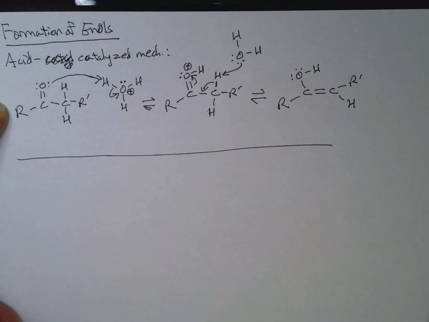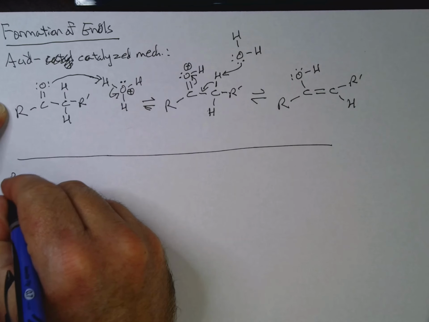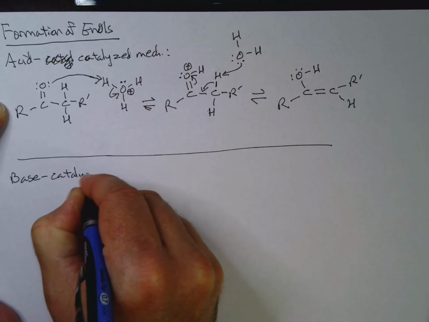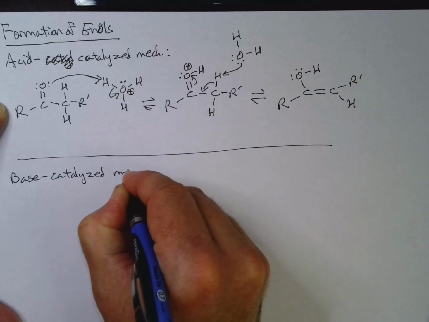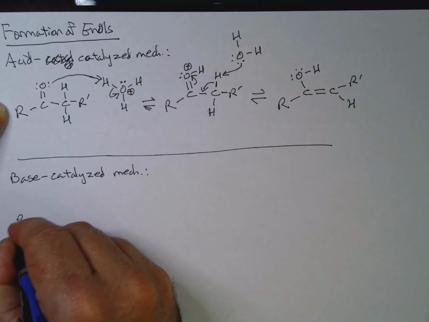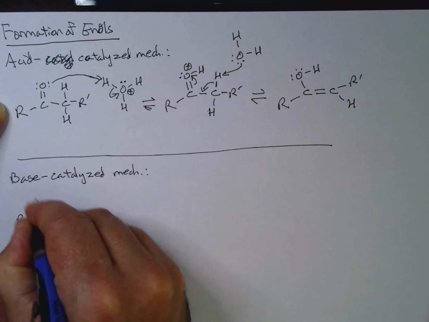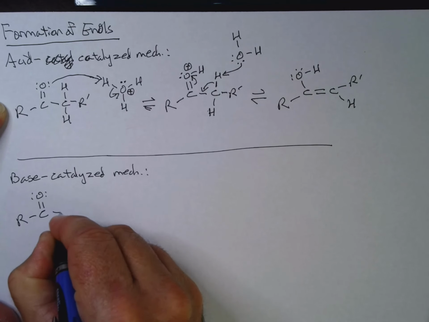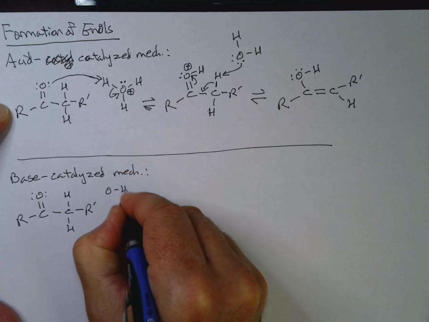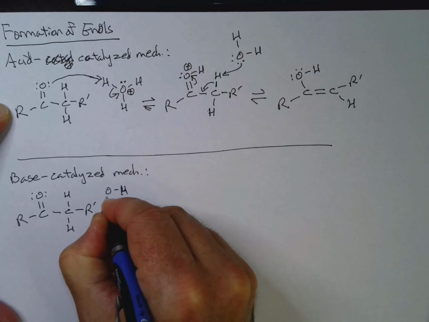Now, of course, there is a base-catalyzed mechanism as well. So let's take a look at that. We will have R-C(=O)-CH2-R', and we'll start off with our base here.